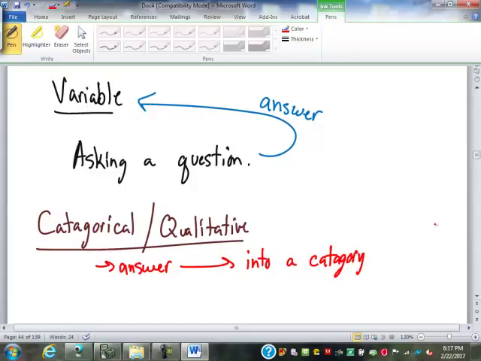Yes, I own a car. You're in the category of people that owns cars. No, I don't. You're in a category of people who don't own cars. Pretty much all yes or no questions are categorical. You're either in the group or you're not in the group. Another example of categorical might be favorite color. Okay, you're going to choose blue. Well, now you're in the group of people that prefer blue or green or whatever. So it's categorical data.